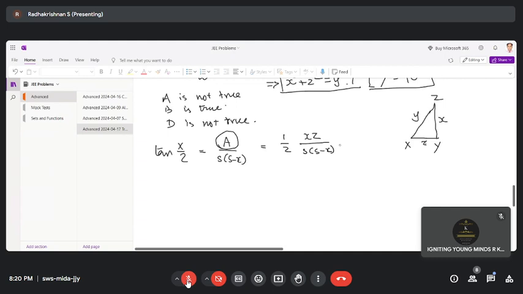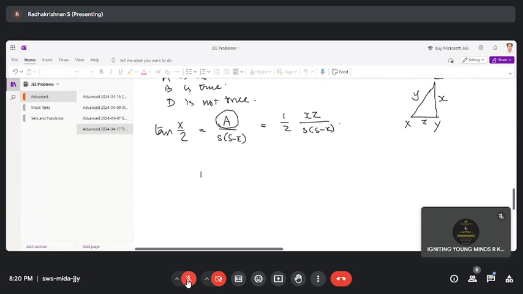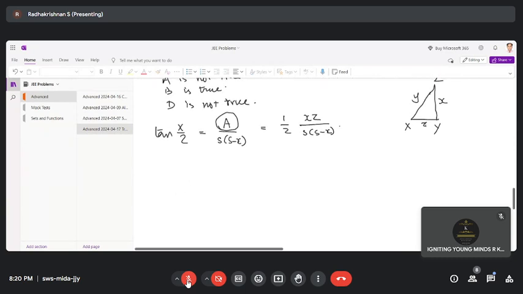Now if we simplify, we can verify the given statement. So this is 1 by S into (S minus X).